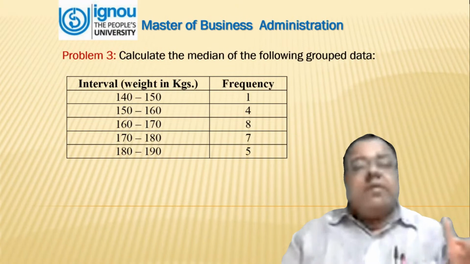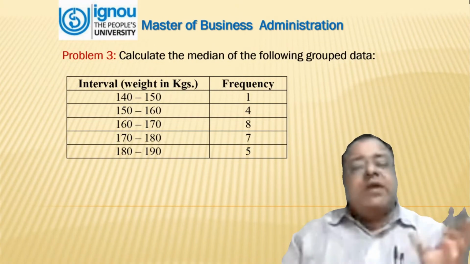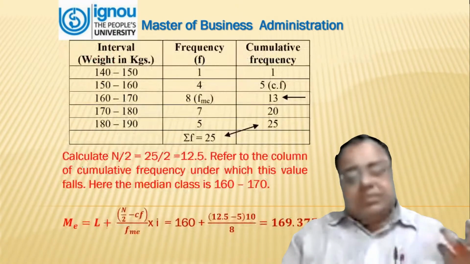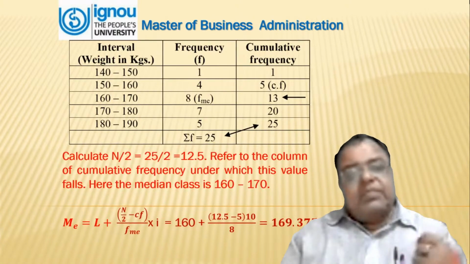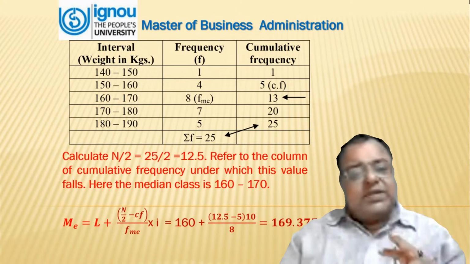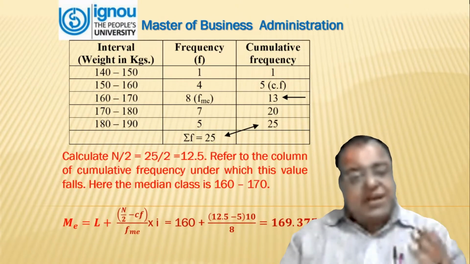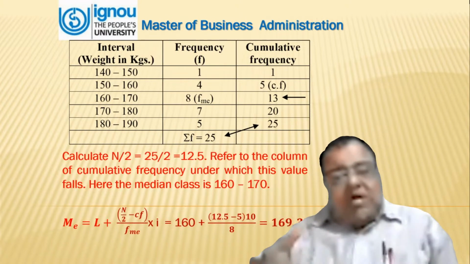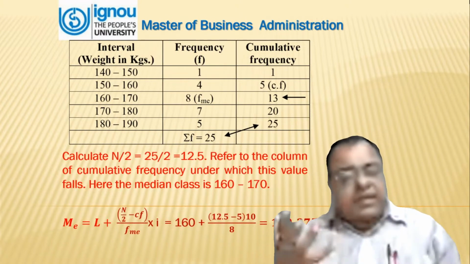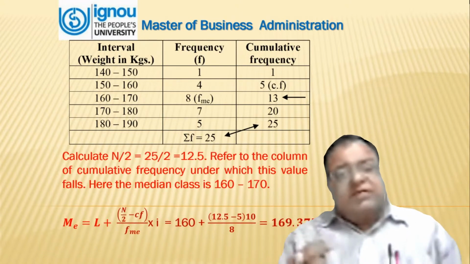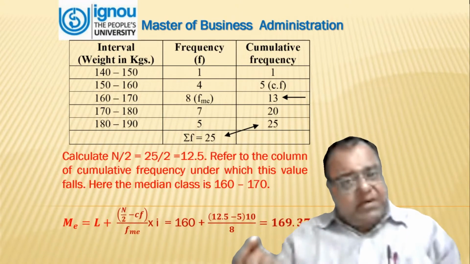Now we have to calculate the median of the following grouped data. For median, we have to calculate cumulative frequency. Now the question is how cumulative frequency is calculated. The column consisting of the frequencies starts with 1. In front of 1, we will write 1.